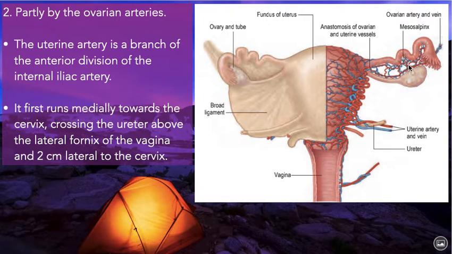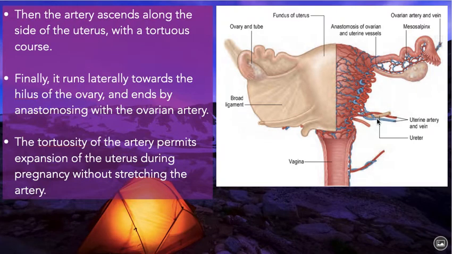The uterine artery is a branch of the anterior division of the internal iliac artery. It first runs medially towards the cervix, crossing the ureter, as you can see, it's the ureter, above the lateral fornix of the vagina and 2 centimeters lateral to the cervix.